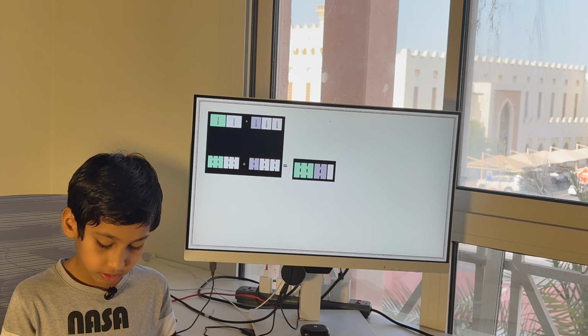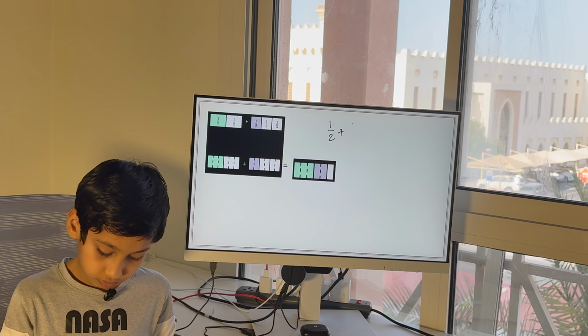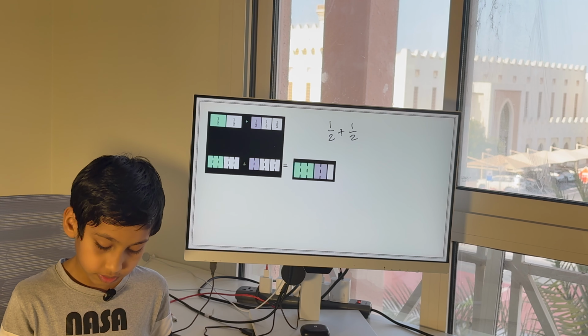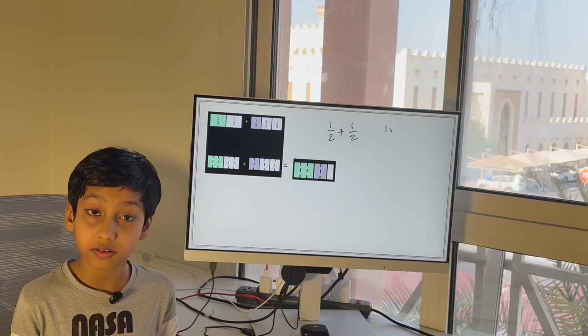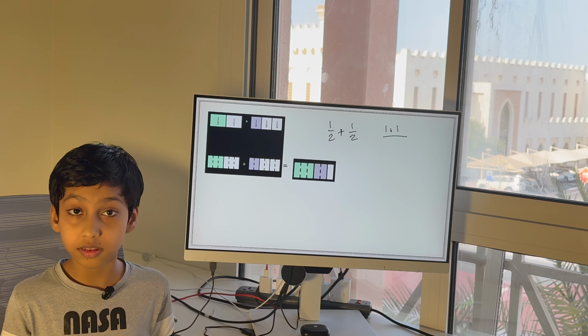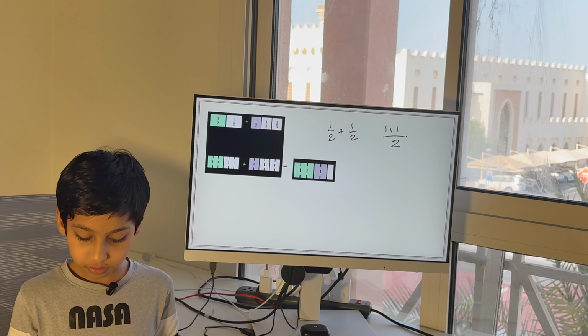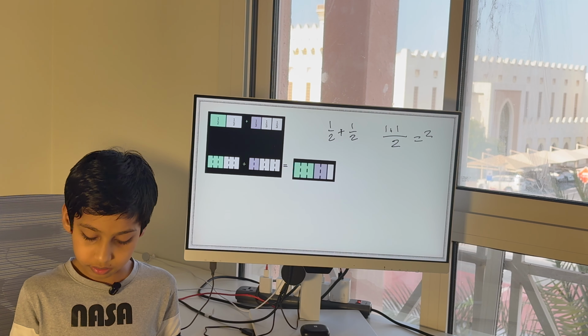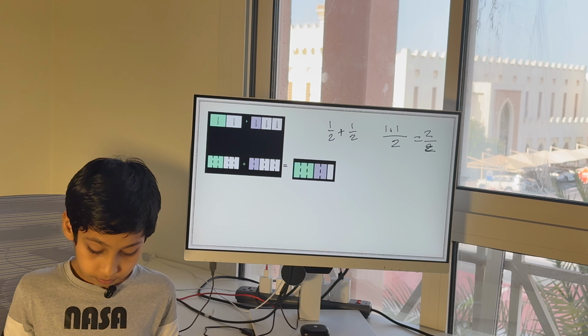So you might think about the old way, right? Before, when they were the same denominators, we just added the numerators together and did nothing to the denominator, which in our case is 2, right? And there we have it, 2 over 2. So this is how we solved before.